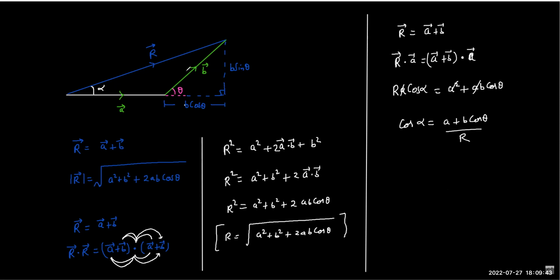And you can also see in this triangle, we could have written this directly, right? You can see cos alpha is base upon hypotenuse, and base is A plus B cos theta upon R. So these are the ways in which you can get the answer. And dot product is used in a way to prove multiple things. Dot product is not only meant for physics.